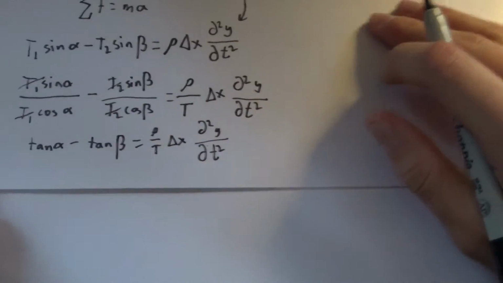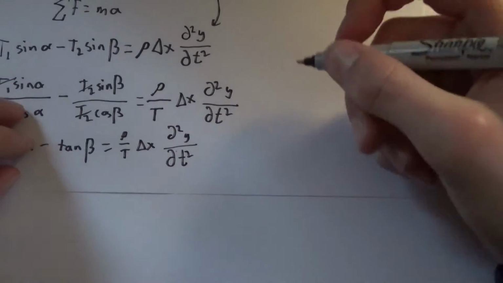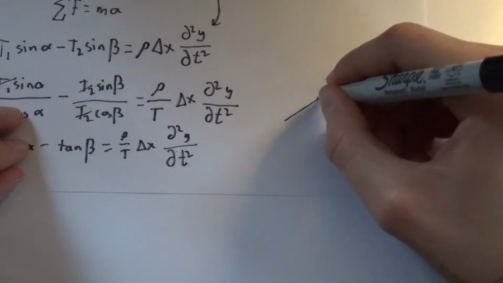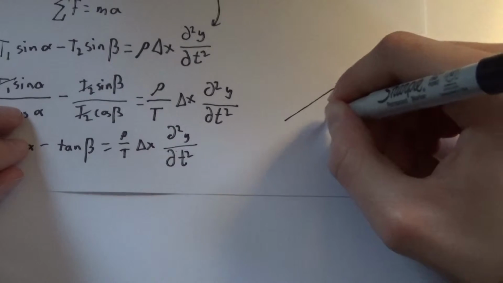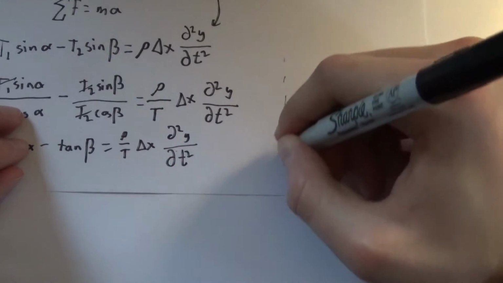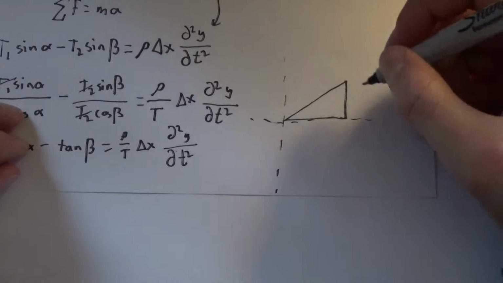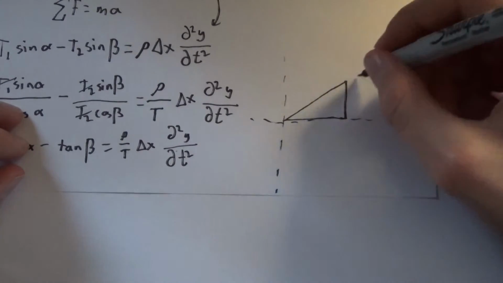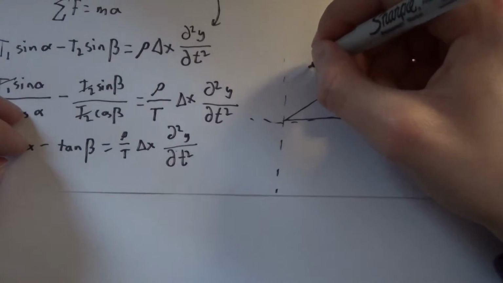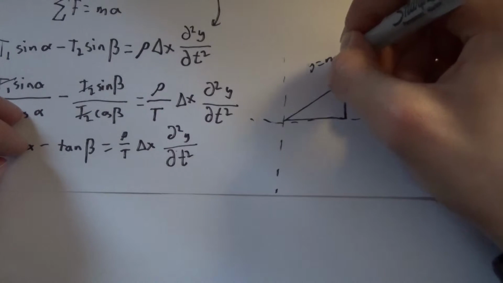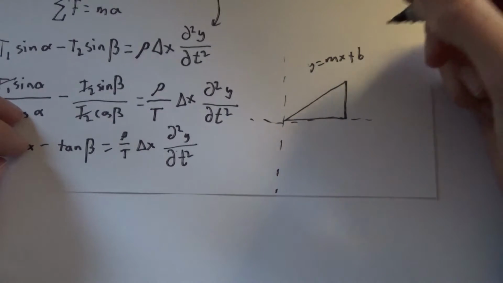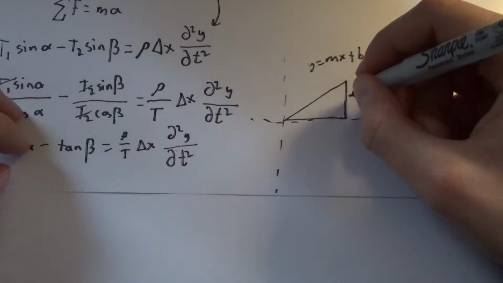However, let's move to the side here for a second. Let's consider a triangle, or just a line on the Cartesian coordinate system. This is a line y equals mx plus b. So, here's what we can say.